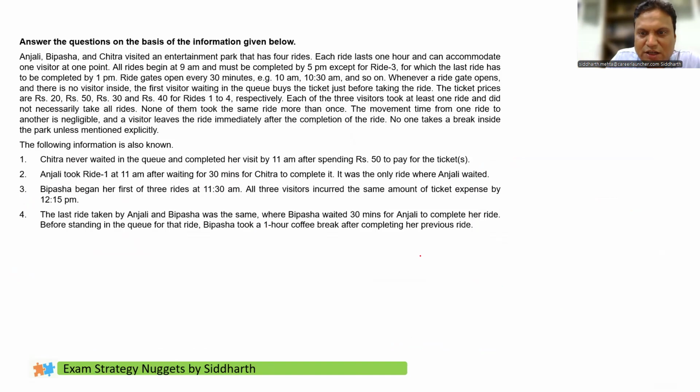So these data points are given. Let me draw the table. So you know how to draw the table. This is A, this is B, this is C. Ride 1, ride 2, ride 3, ride 4, and A, B, and C. Chitra never waited in the queue and completed her visit by 11 a.m. after spending 50 to pay for the tickets.